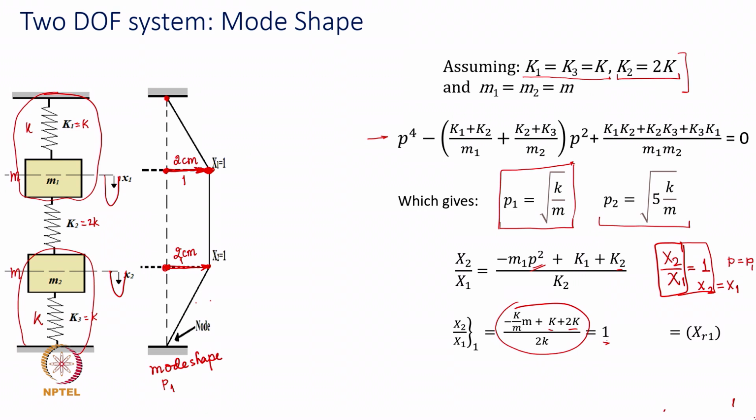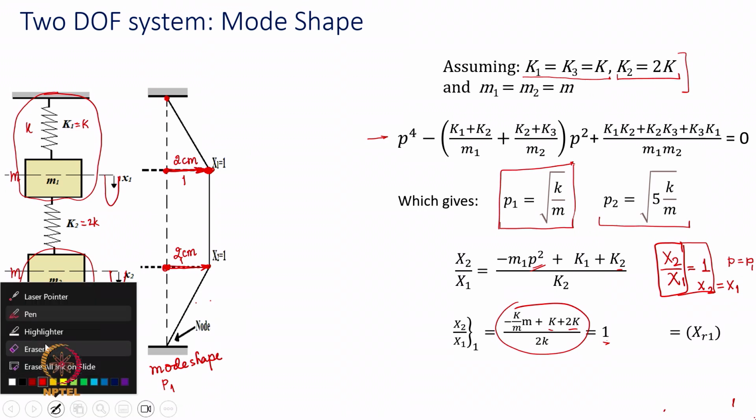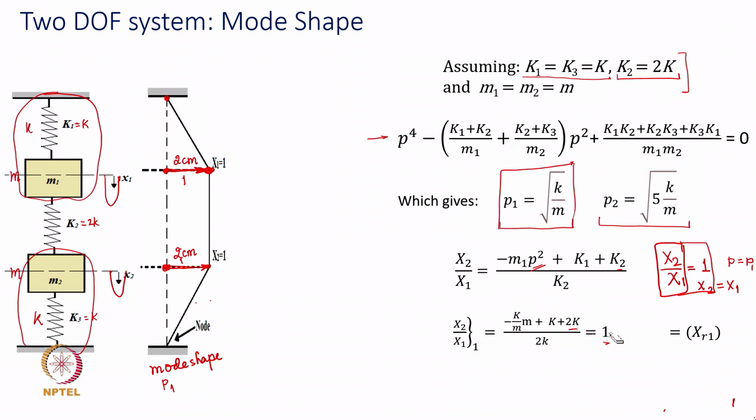I will show you more details of this mode shape very shortly, but let us now look at what happens when I substitute for p equal to p2.